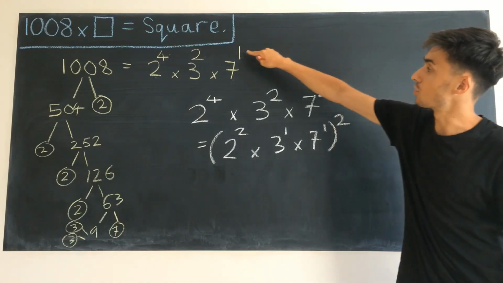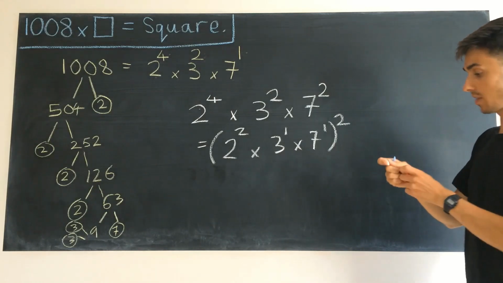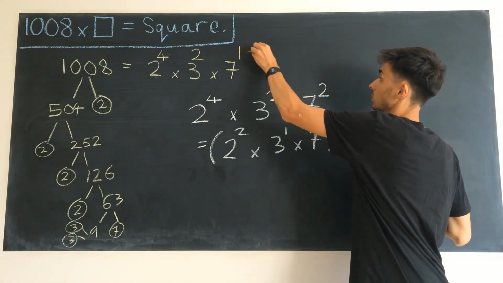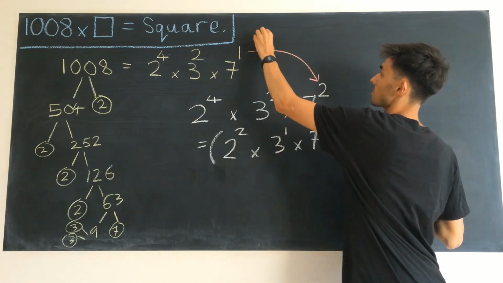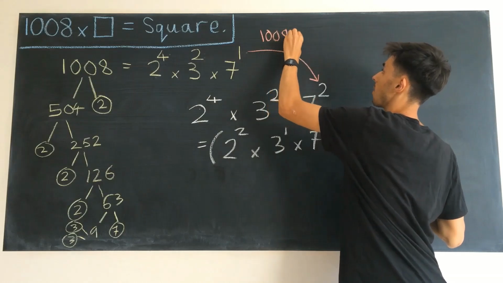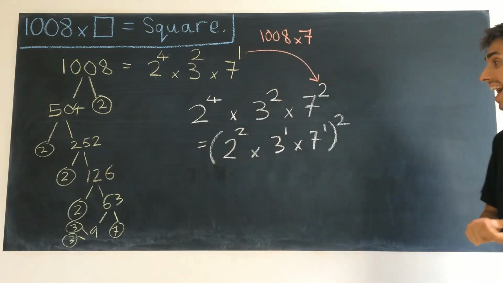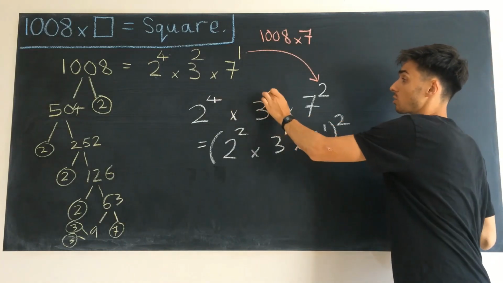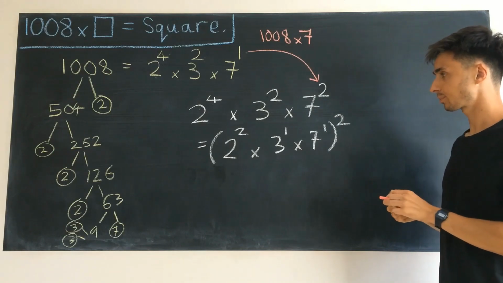So what we needed to do was add on 1 more power of 7. And I'm going to write that in a different colour to show what have we changed from this number at the top, 1008. Well, we had to times it by another power of 7. And when we did that, we then had each of the 3 index powers as an even number.